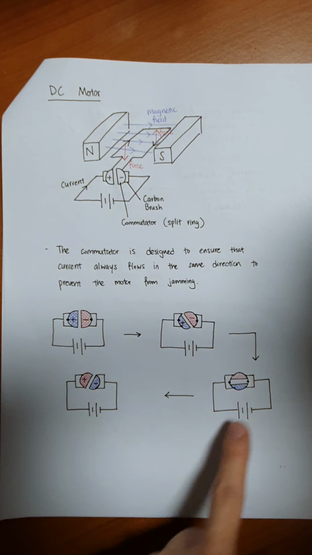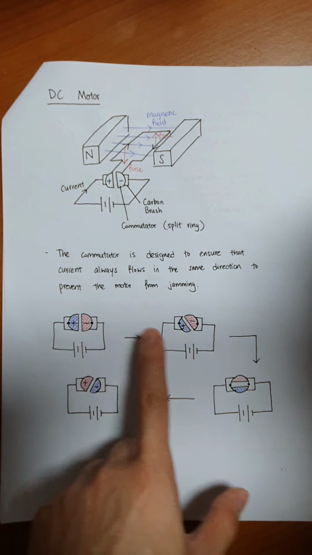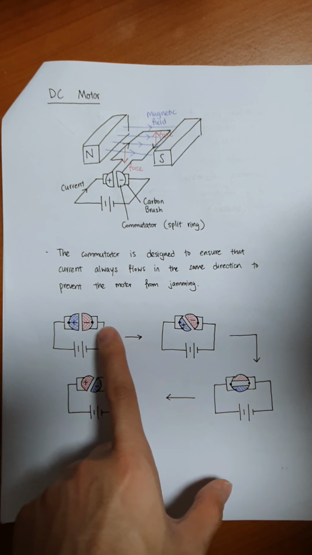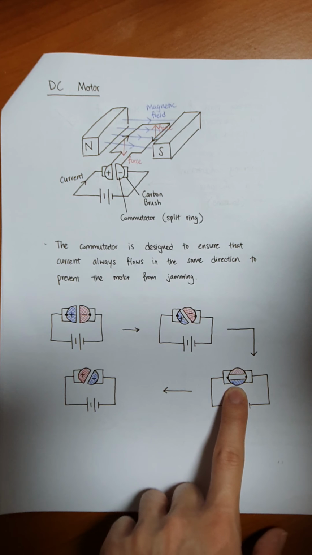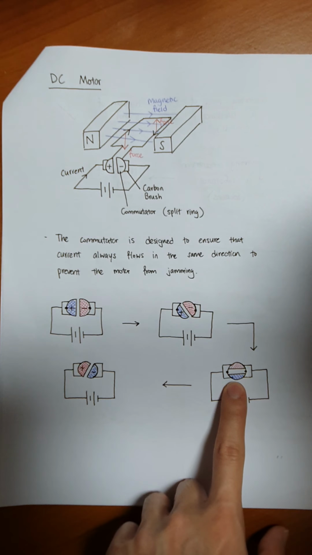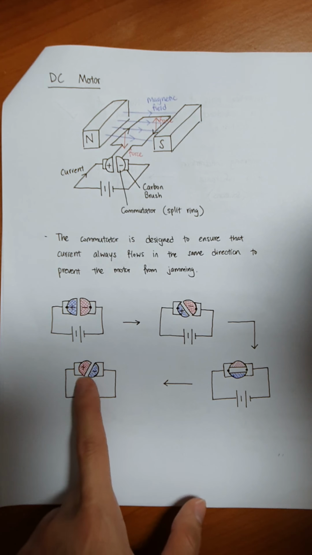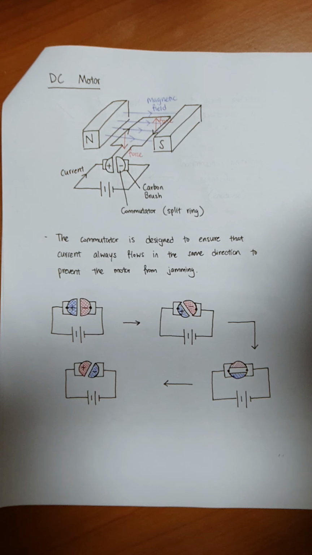As you can see here, if I have a positive on one side and a negative on one side, as it rotates, at the middle point, the contact point would be lost, and then the commutator will not be energized anymore, but then it will move on and re-energize the other sides. I've talked about this in class, so this is just a quick revision. For this part I will have to go through it soon in greater detail.